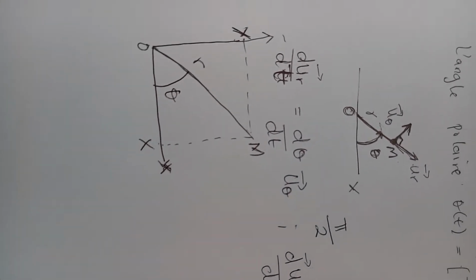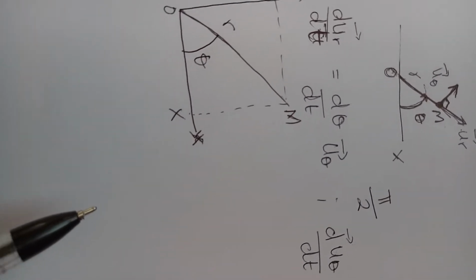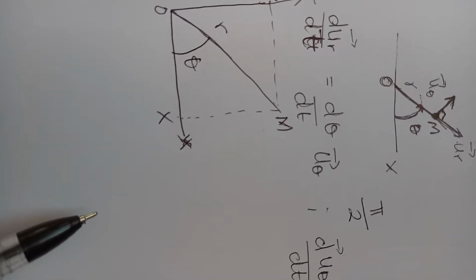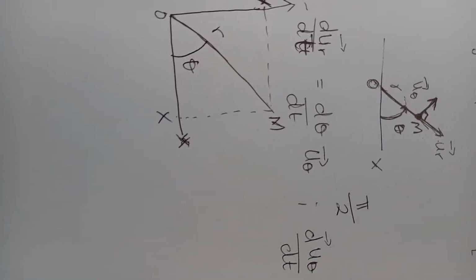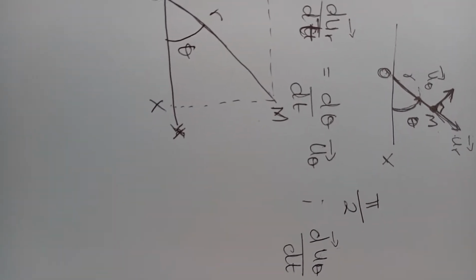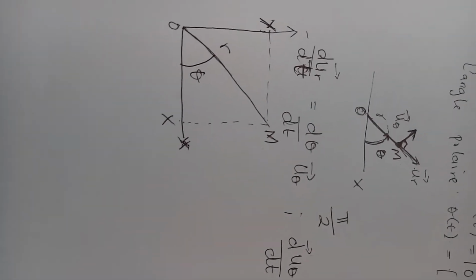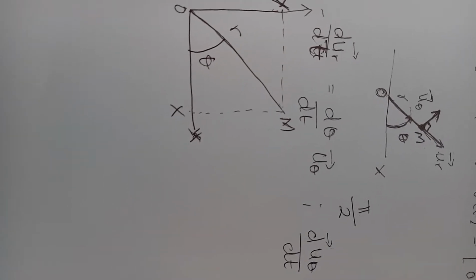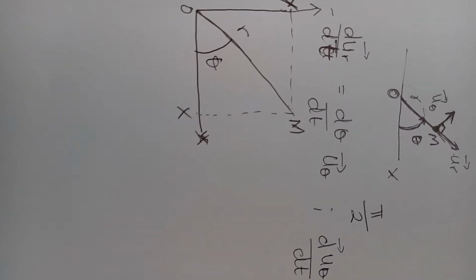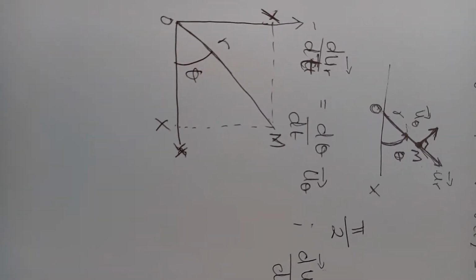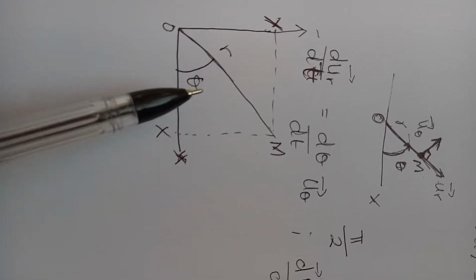So when we have our Cartesian coordinates like this, what's the relationship between the polar coordinates and the Cartesian coordinates? The polar coordinates are r and theta. Remember, we're dealing with r and theta.